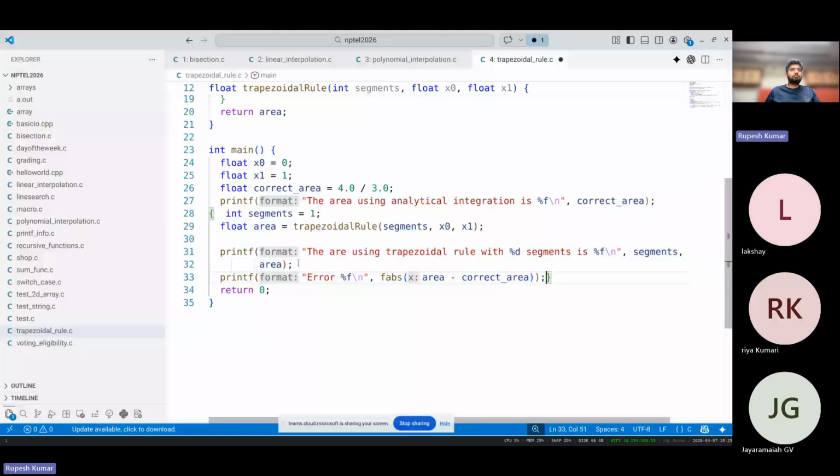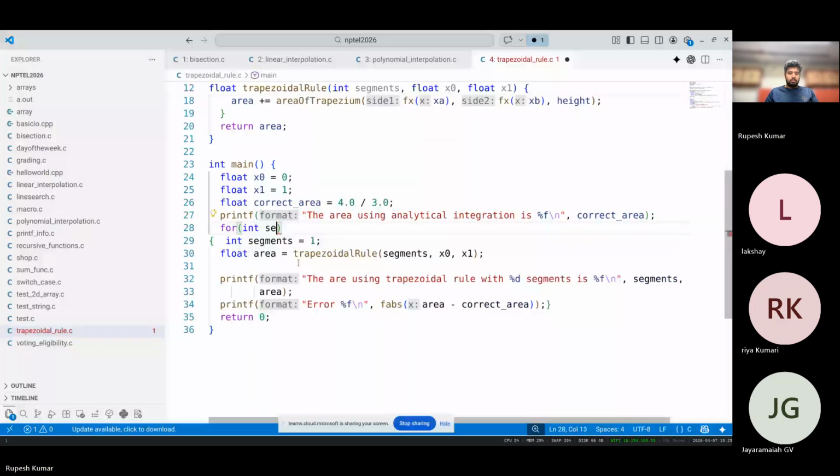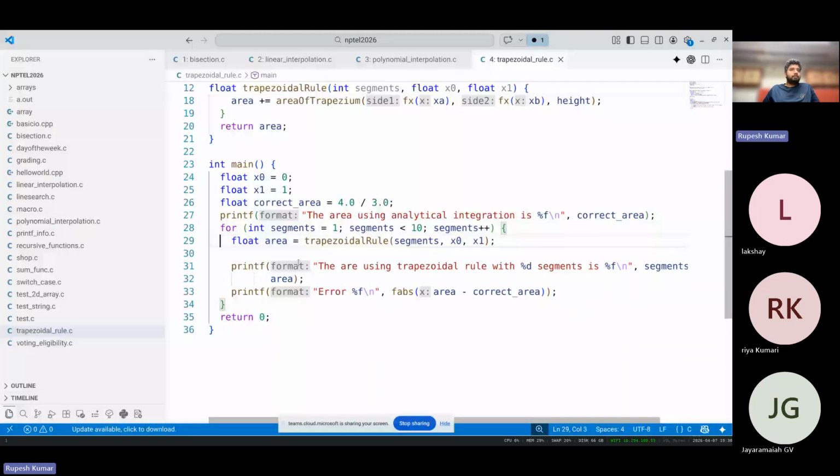Okay, everyone, welcome back. So let's do another experiment where we change the number of segments. So segments plus plus, right? So now let's run our same experiment with increasing the number of segments, and let's see if the error reduces, right?